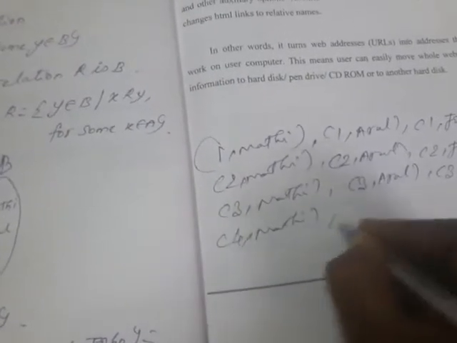Next (4, Madhi), (4, Arul), (4, John). This is the order in which we found the A cross B Cartesian product.